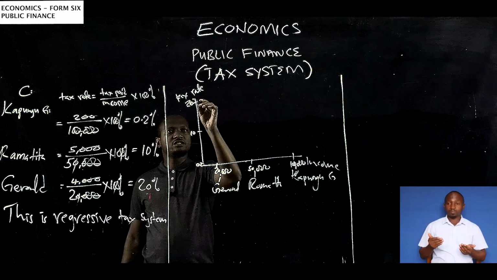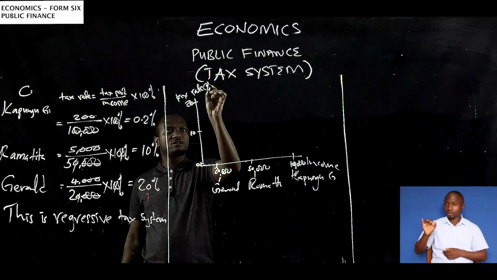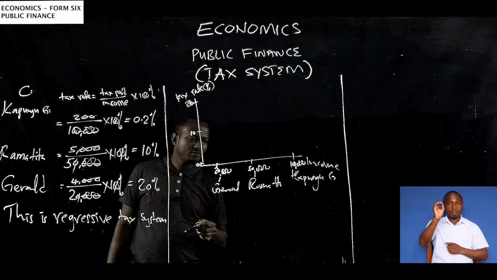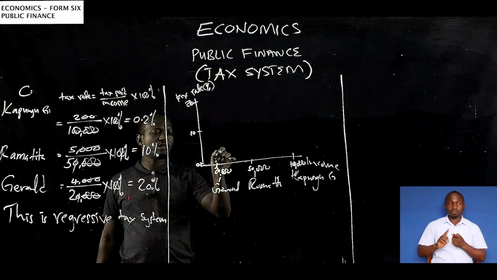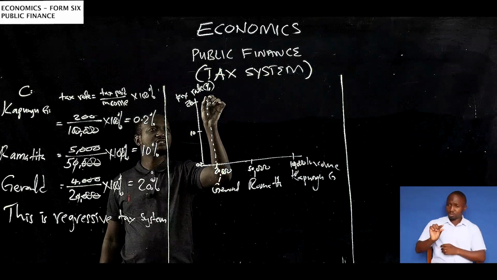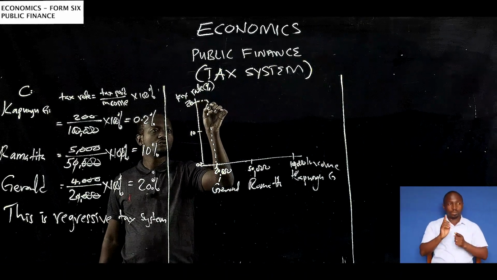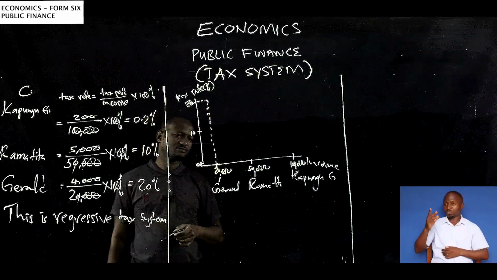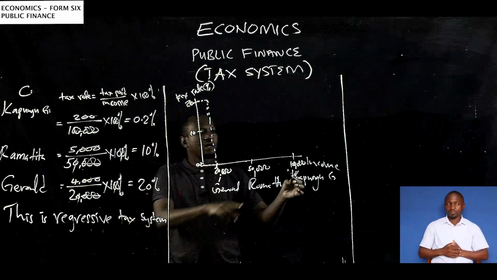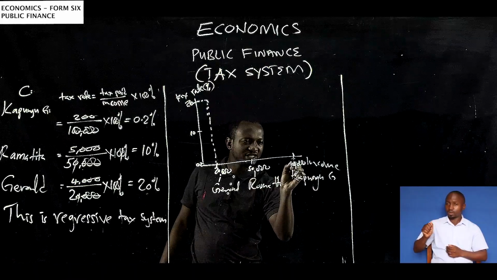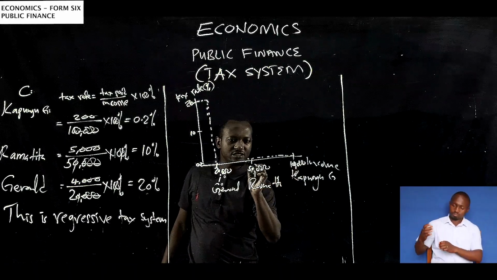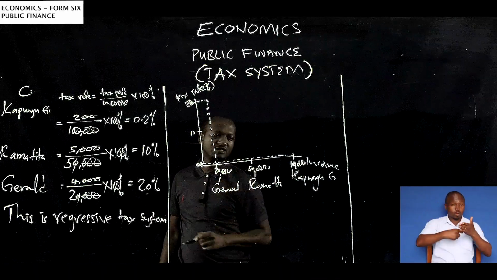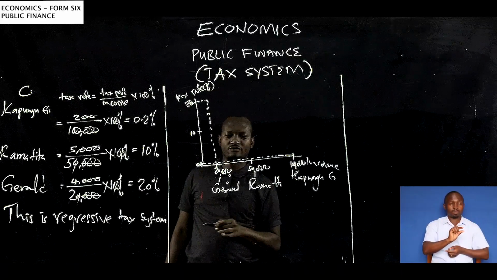Mr. Kapungu G. Gerard, this is in form of percentage. Gerard with low income is taxed 20%. Kapungu with high income, tax rate is very low.